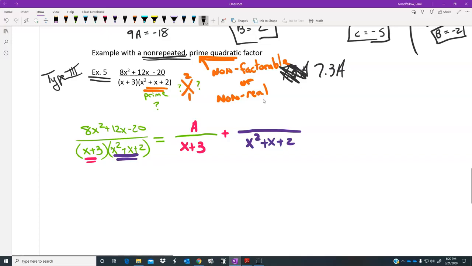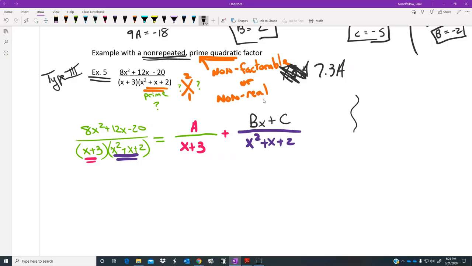If it is a type 3 question where you have a prime one, we use a linear function up in the top in the form of bx plus c. Now, it could have happened within the first one, and then it would be ax plus b, but this one just happens to be that we keep the next letters of the alphabet moving down the line. Okay, so this is the way that we would set up a type 3.